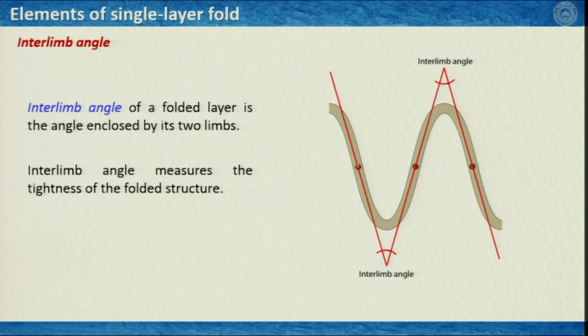In this case I can consider this one and this one, and then from these inflection points I draw a tangent, which for example is this red line, and for example here this red line. They will intersect somewhere, and the angle they make is the interlimb angle.